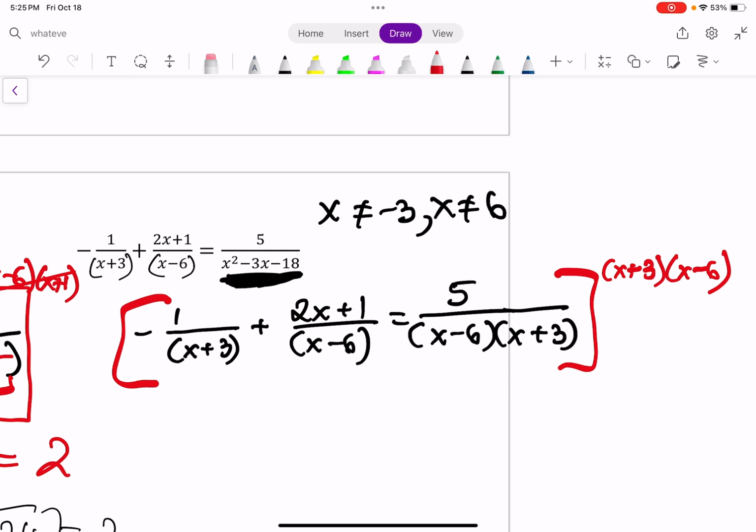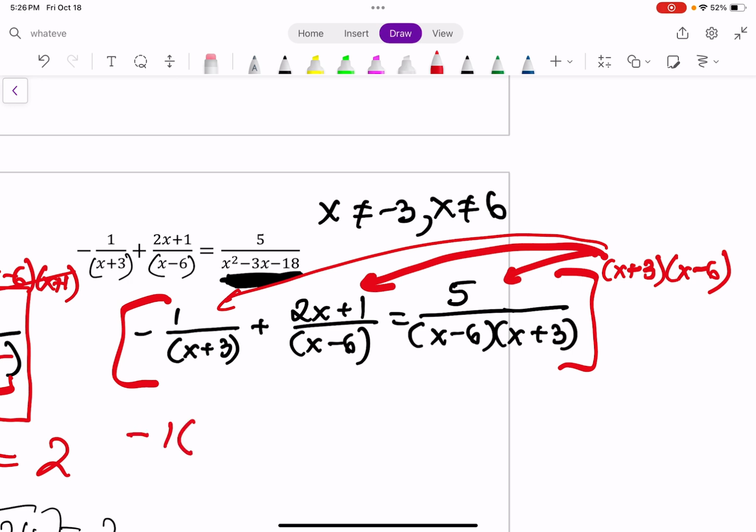Okay. So here it is. Let's distribute. Multiply everything by these two parentheses. So again, the x plus 3 goes away, leaving you with a negative 1 and the x minus 6, the one this fraction didn't have.